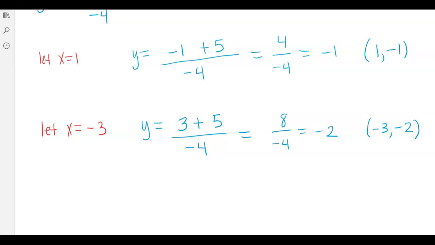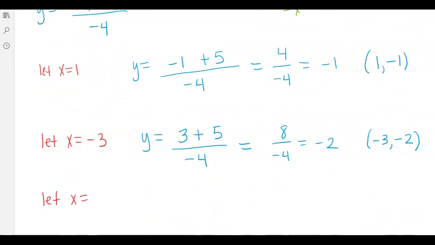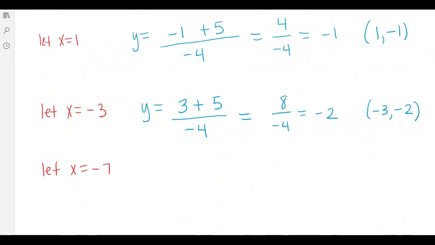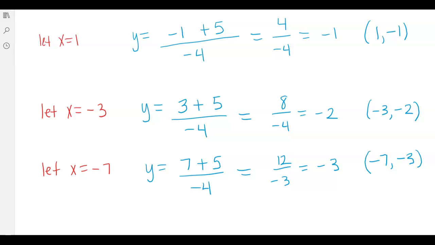And then for the third example, we only need 2, but I'm just doing 3 just to show you the process. If we let x equal -7, that'll turn into a +7 plus 5 over -4, which ends up being -3. So -7, -3 is another solution.